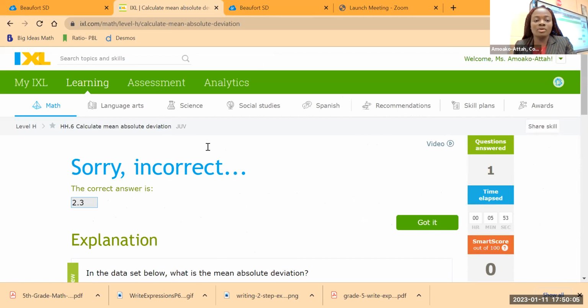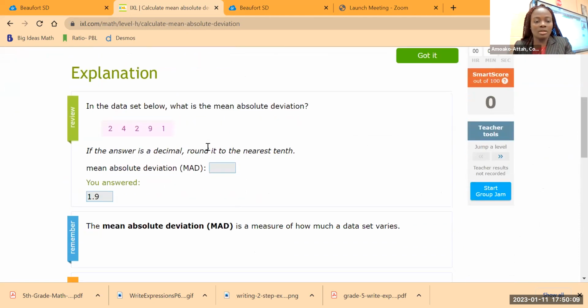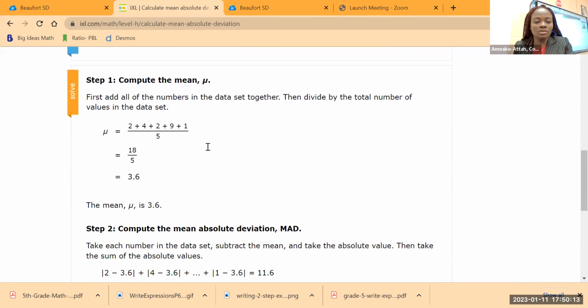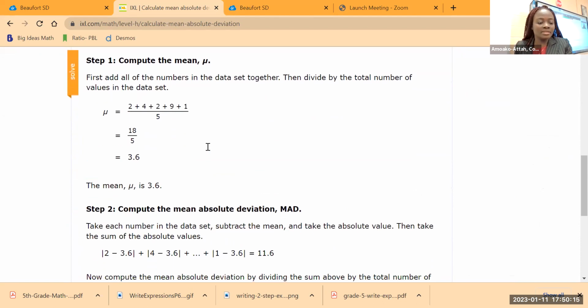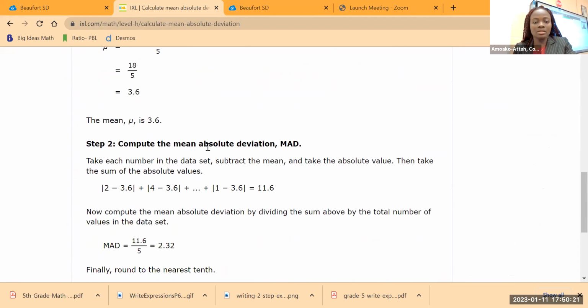Oh, we typed in 2.3 instead of 1.9. Okay, so the mean we had was 3.6. Then after summing them up, we had 11.6.